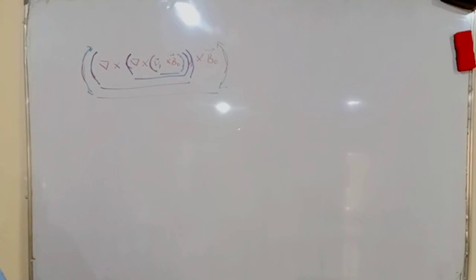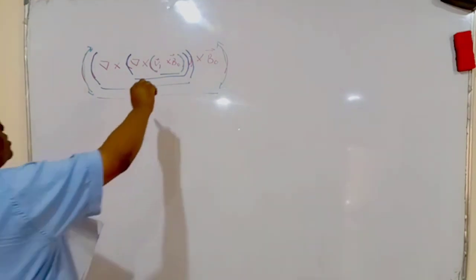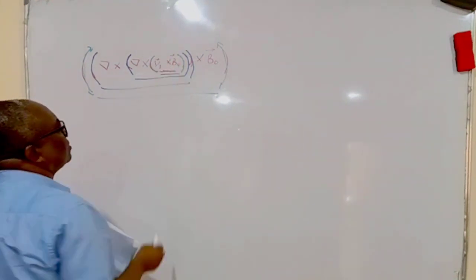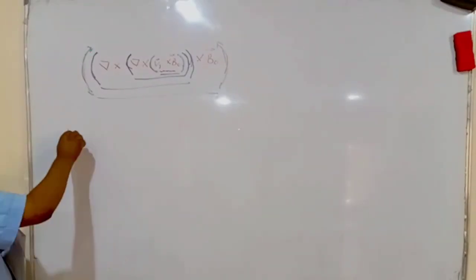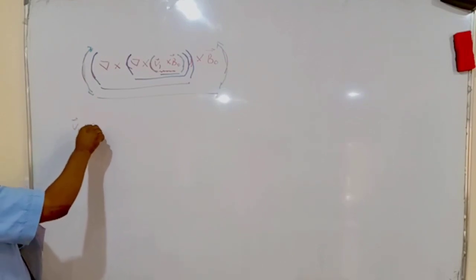What do we do first? The first thing you will do is the innermost, so you will take out the curl of V cross B0.